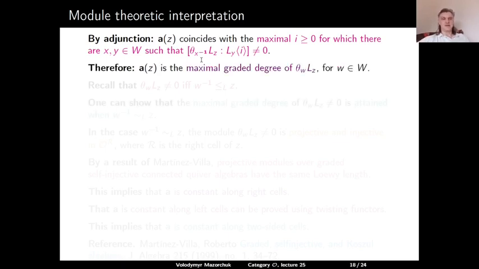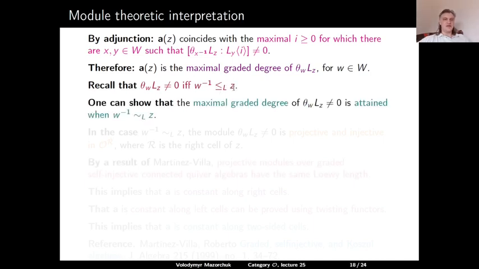So in other words, A of z is a maximal graded degree of some theta w Lz for some w in W. Also recall that theta w Lz is non-zero if and only if W inverse is left less than or equal to z. One can show that this maximal graded degree shift appears when you apply to Lz the projective functor theta w such that W inverse is left equivalent to z.